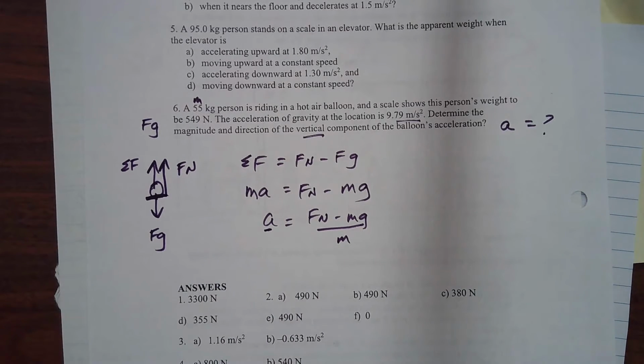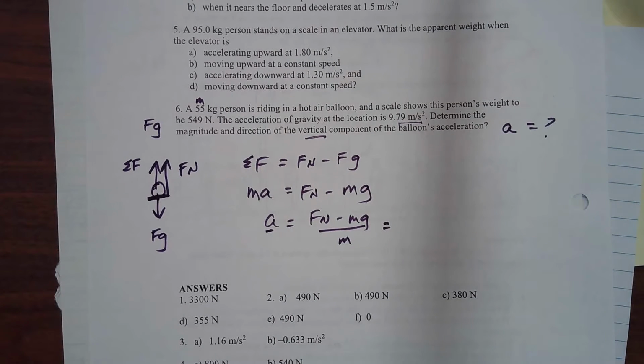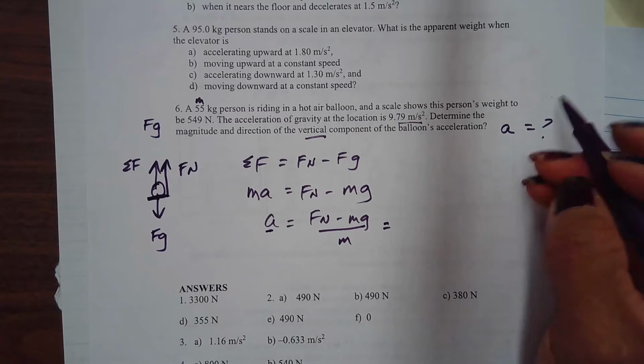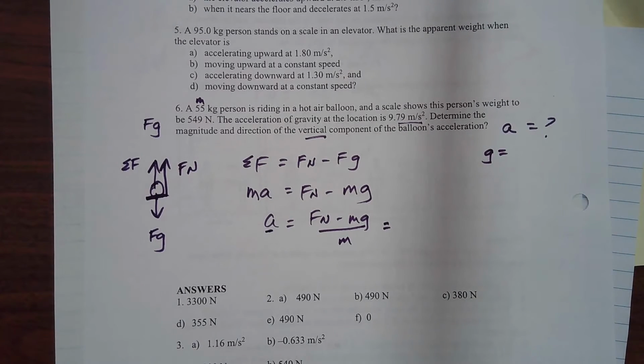So now that you're ready for acceleration, okay, what is the apparent weight of the person? Well, you see here the acceleration of gravity at the location is 9.79. So this is g when the balloon is high up. Remember, as you go up, your altitude will change your g, right?